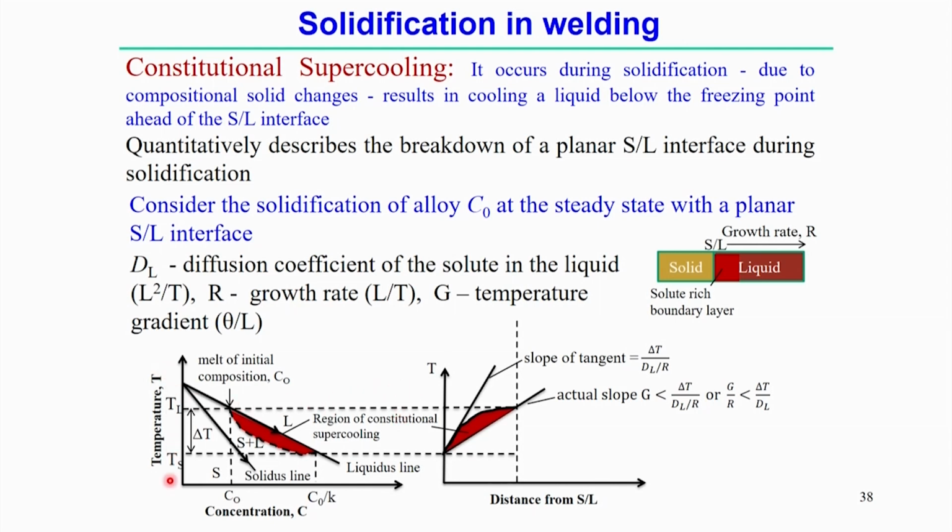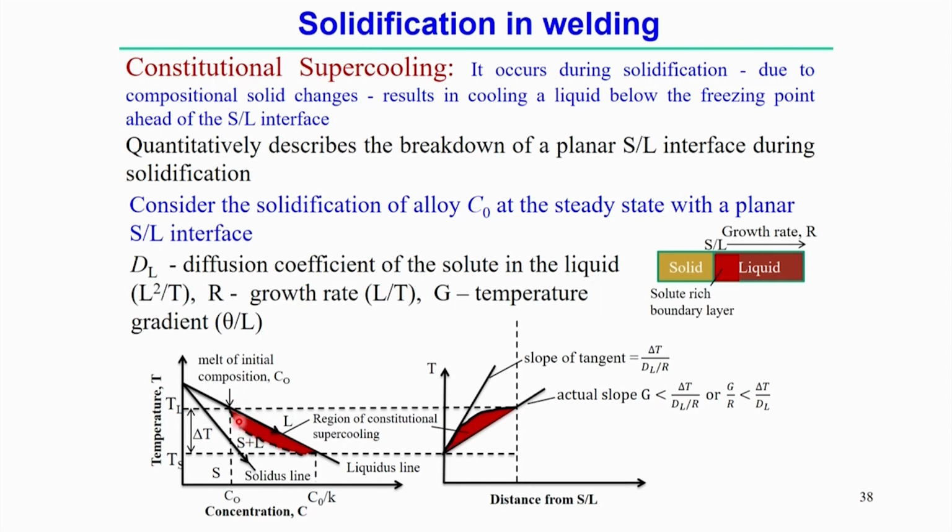Now, if we see the temperature versus concentration graph, here you can see the solidus line and then the liquidus line and the initial composition C0. So, this material is subjected to some amount of supercooling.